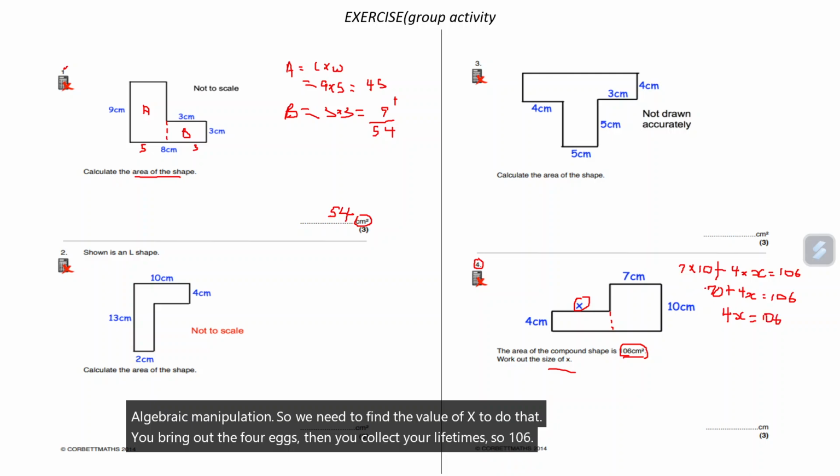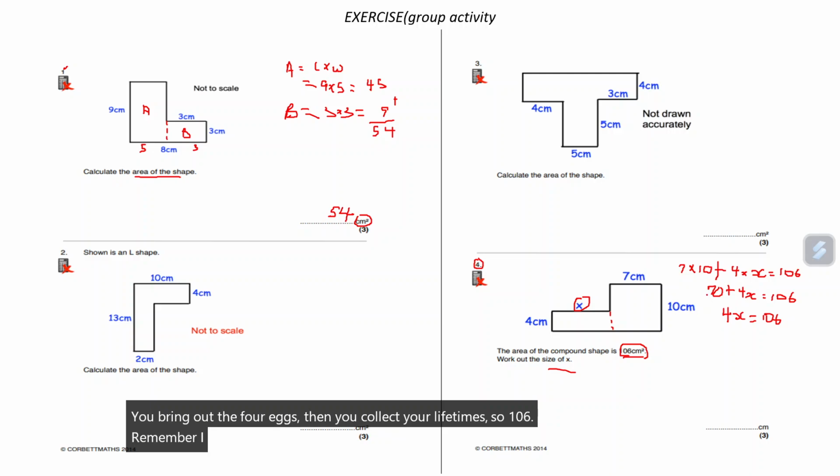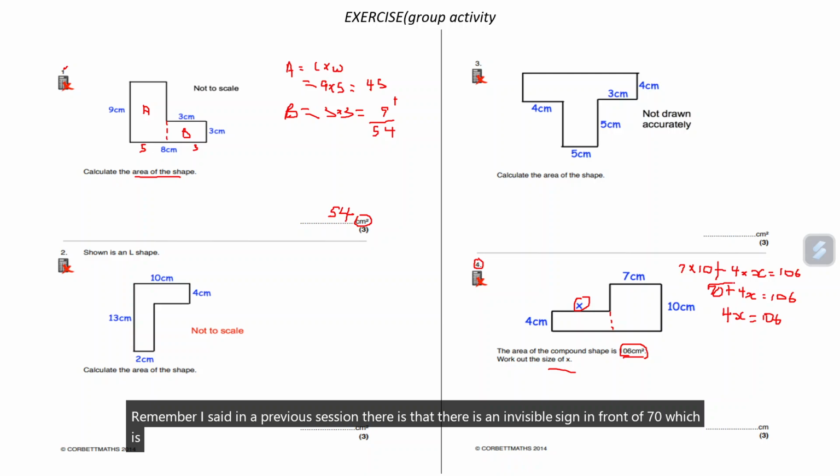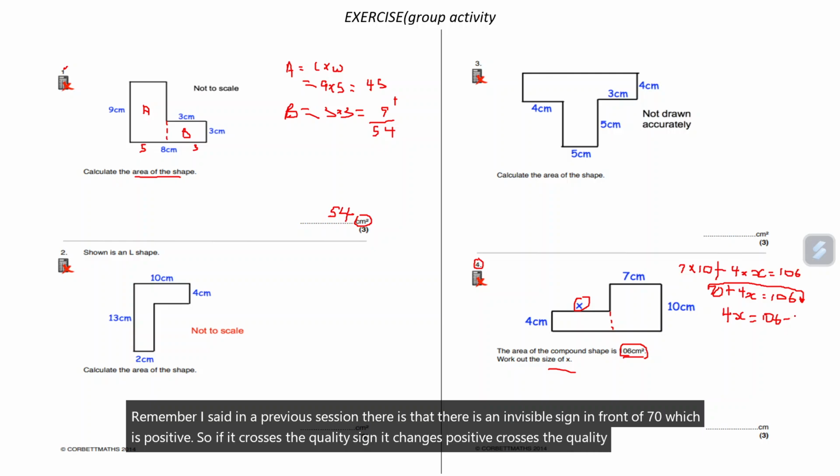Remember I said in our previous session that there's an invisible sign in front of 70, which is positive. So if it crosses the equality sign, it changes to negative 70.